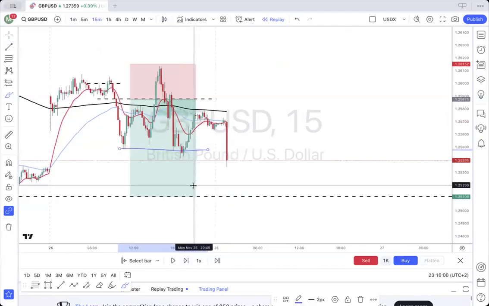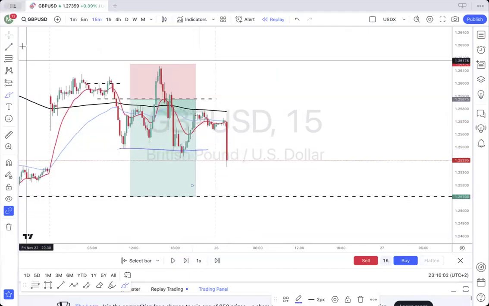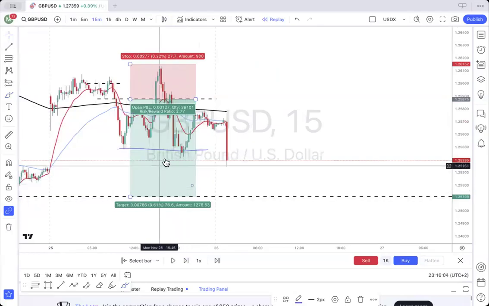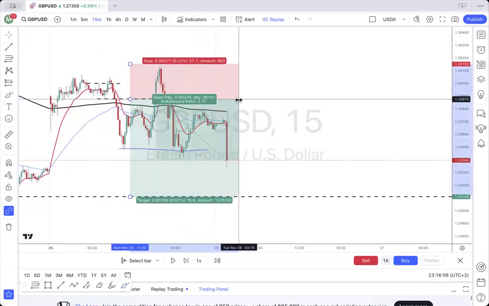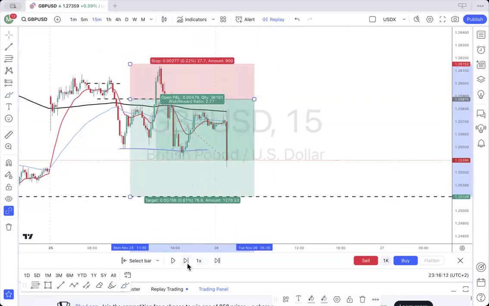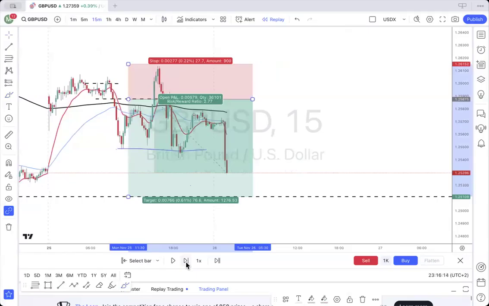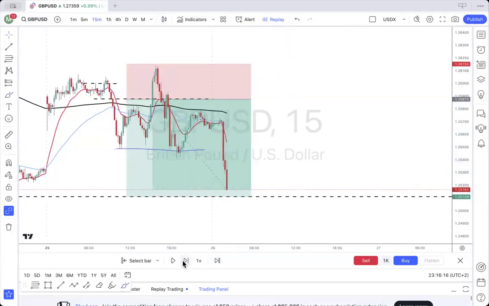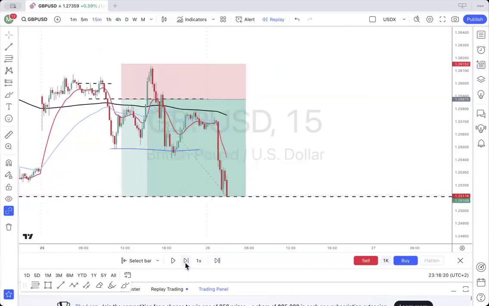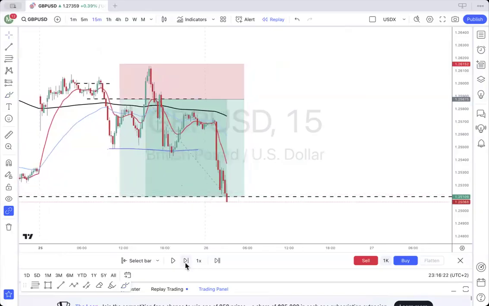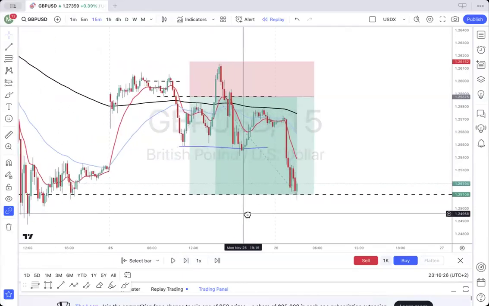All right. Now, this is becoming interesting. Okay. This is getting interesting now. Okay. And there. Take profit hit. Remember why I said use the border of the candle?